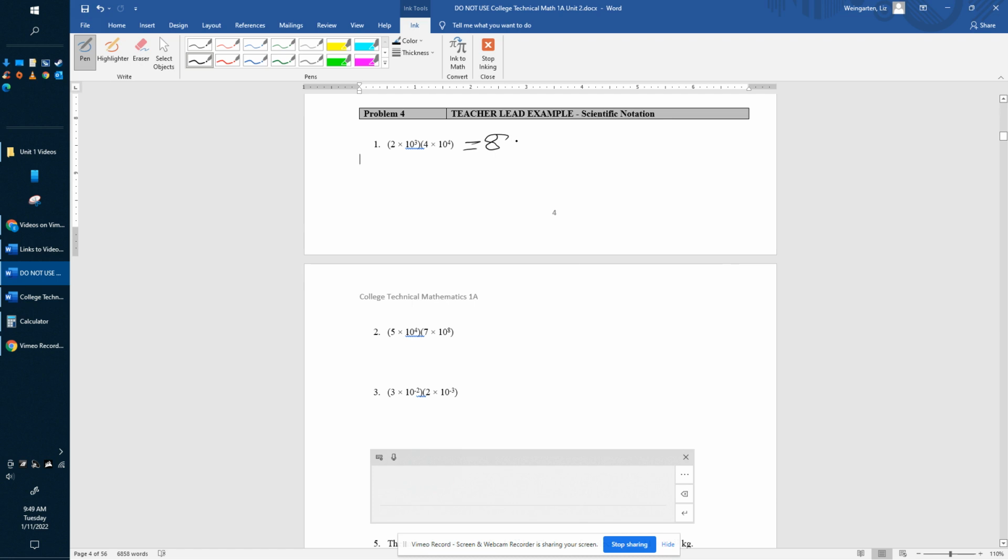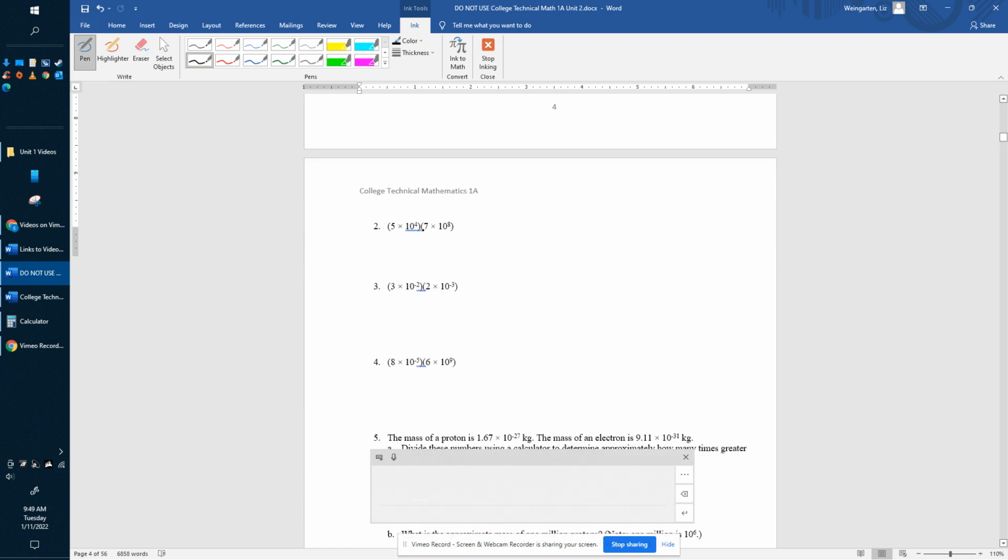And then I will multiply the tens using our powers of exponents. 10 to the third times 10 to the fourth, we add our exponents together and we're going to get 10 to the seventh. So in my opinion, that's a heck of a lot easier than counting the zeros and making sure that you don't forget one.